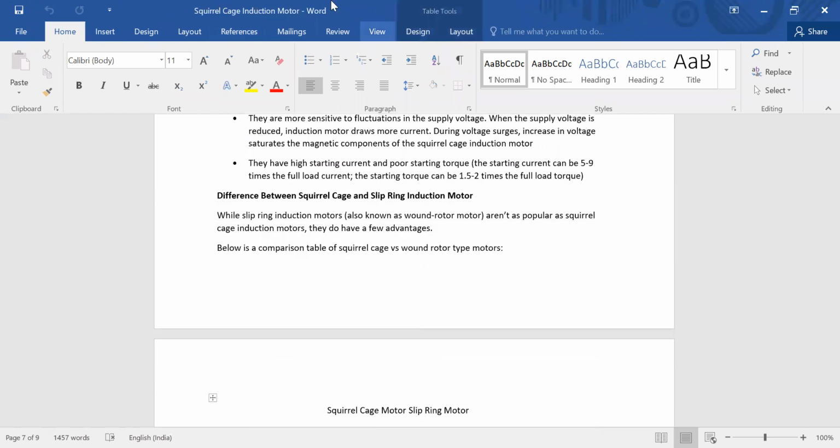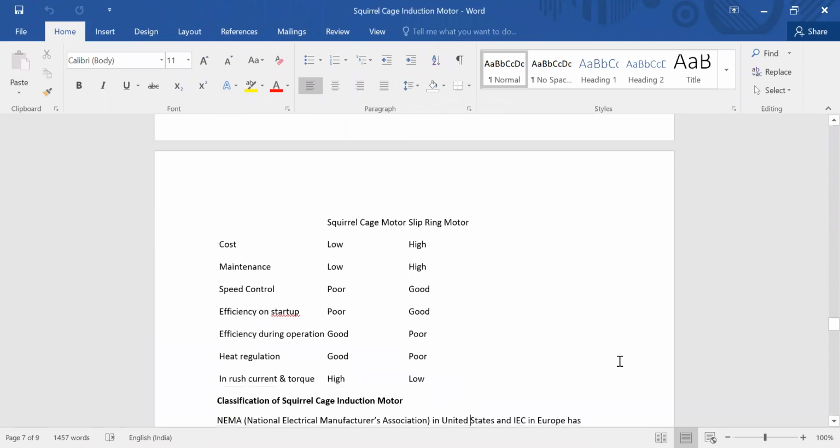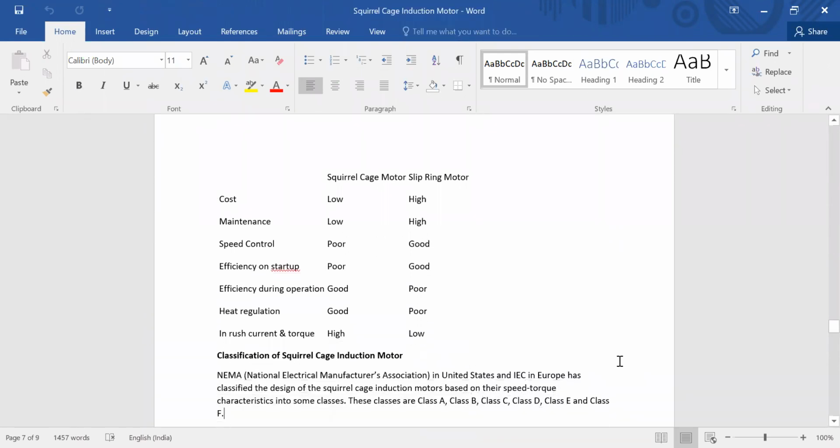Now the basic difference between the squirrel cage induction motor and the slip ring induction motor, because in the slip ring induction motor we provide resistance. So these are the differences. The cost of the squirrel cage induction motor is low compared with the slip ring induction motor.